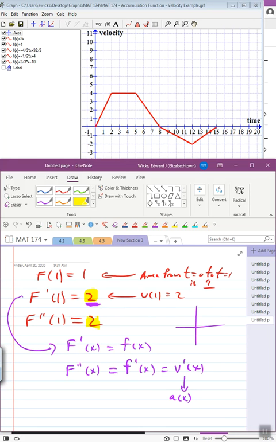And does everybody see that when you get to t equals 1, the slope of this graph that you're on, that is this little part of the trapezoid, is definitely 2? I'm just thinking about that line being over 1 up 2. The slope of that line itself is the acceleration, and that is the second derivative of this accumulation function.